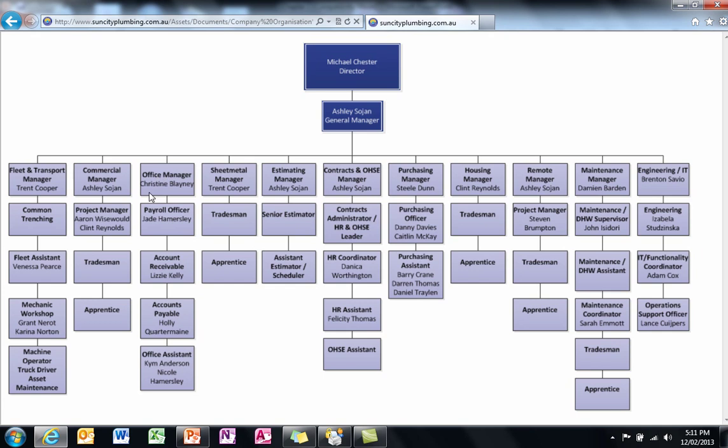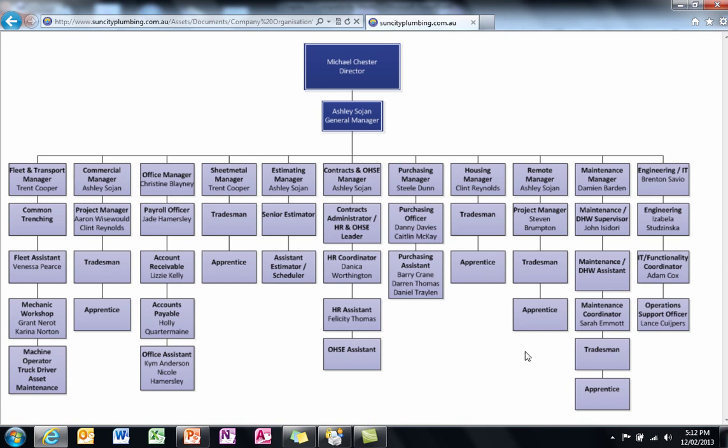Essentially, the office manager is responsible for all of them, but possibly the office assistant doesn't directly report to this Christine Blaney person. They will report directly to Holly. Holly will report directly to Lizzie, etc. So that's a hierarchy.